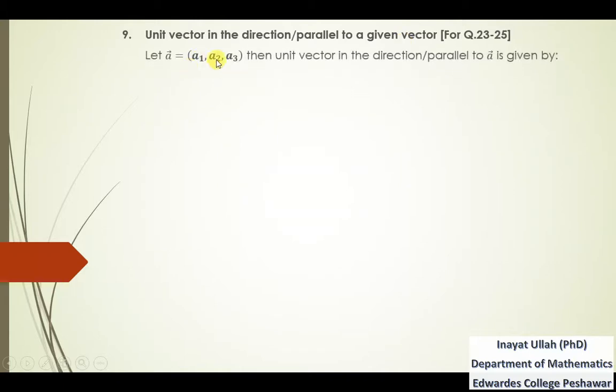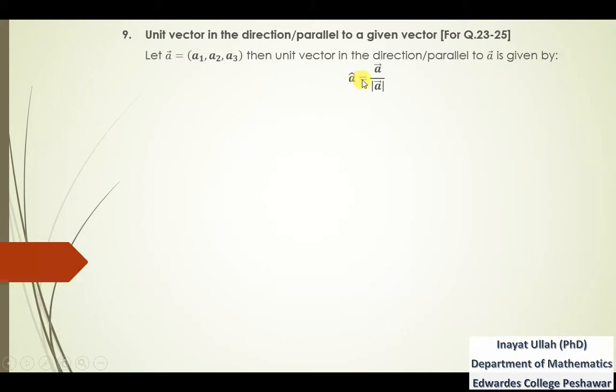Let's say that is a vector a, then the unit vector in the direction of this vector or parallel to this vector is denoted by a cap. You can denote this by n cap, whatever the letter is, but that vector is a, so that's why we have denoted this unit vector by a cap.